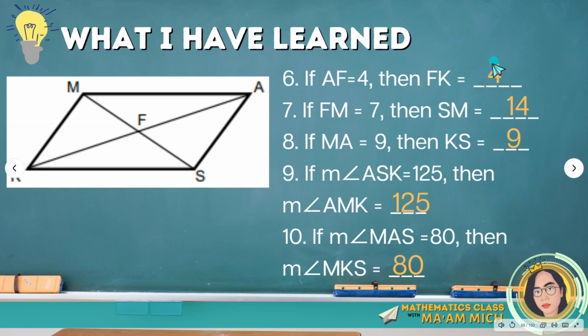Number 6, we have FK equals 4, 7, SM equals 14, 8, KS equals 9, number 9, measure of angle AMK equals 125, number 10, measure of angle MKS equals 80.